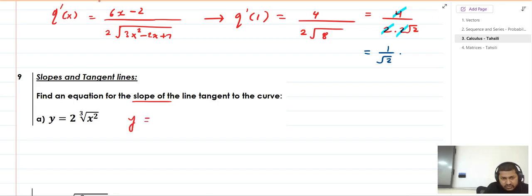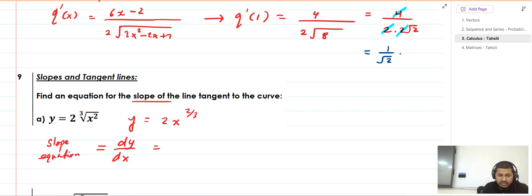So y is equal to 2 x to the power, inside over outside, 2 over 3. So what's dy dx? This is the slope equation, which is equal to 2 times 2/3 is 4 over 3, x to the power, take away 1 from 2 over 3.